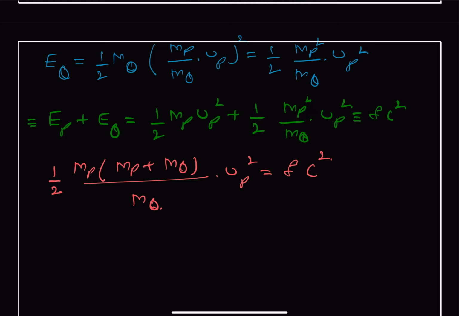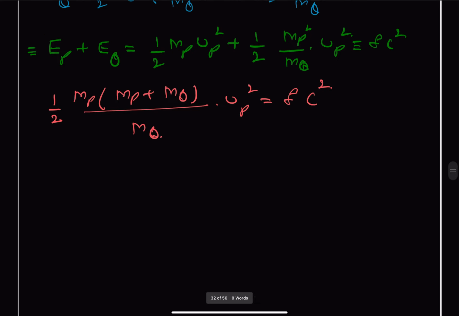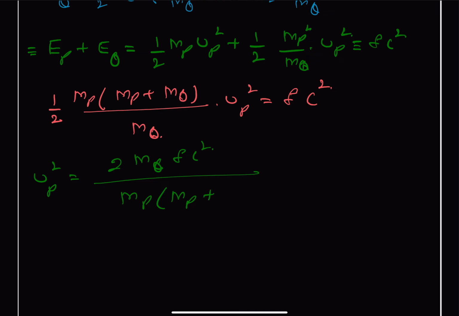Now we can solve it for VP, and from here we get that VP square will be equal to twice MQ delta C square divided by MP into MP plus MQ.